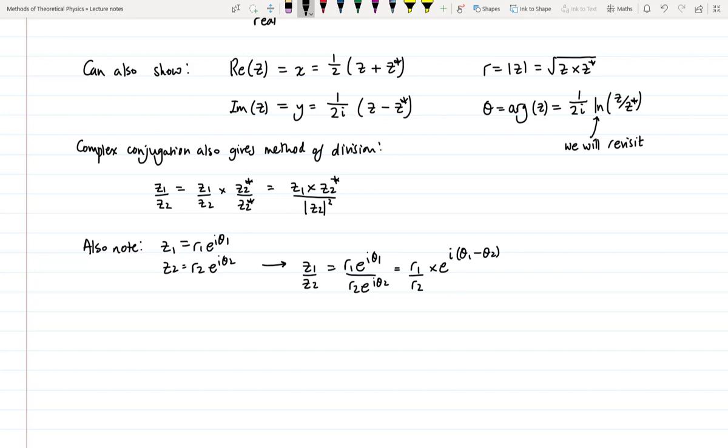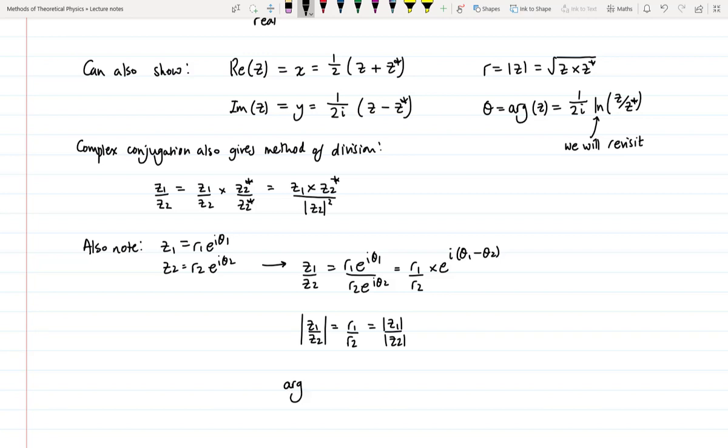From this, it's easy to read off that the modulus of z1 over z2 is simply r1 divided by r2, which is the same as mod of z1 over mod of z2.